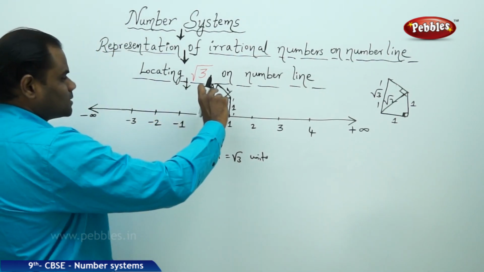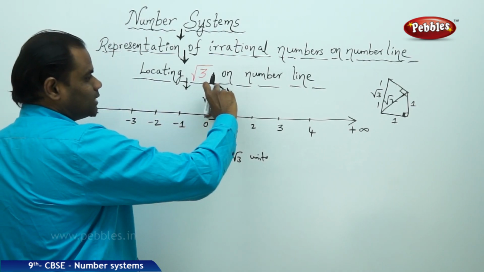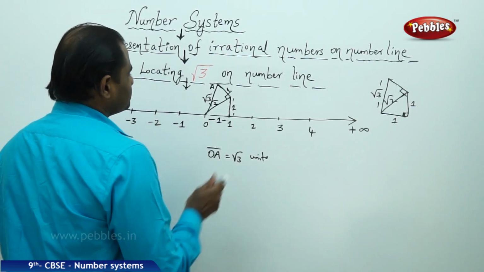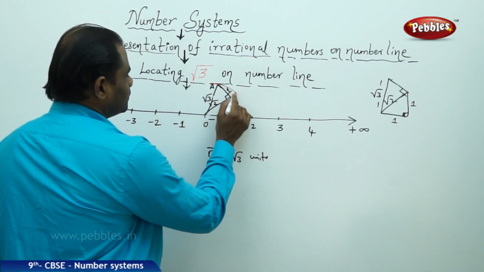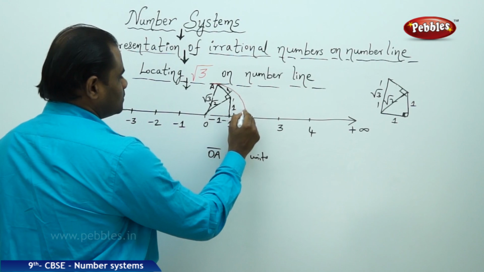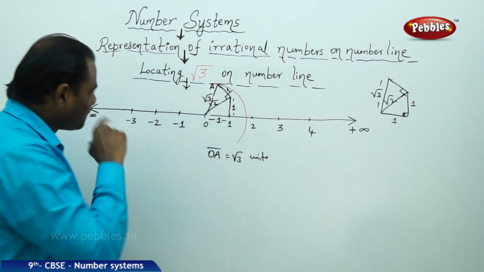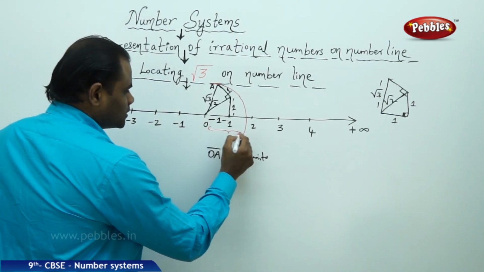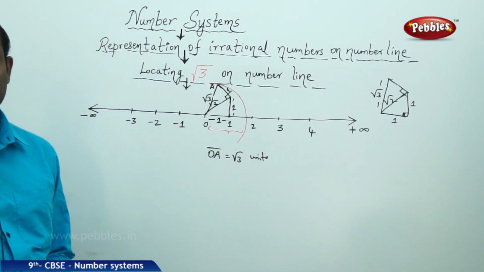I take the compass, put the center at O, and draw an arc from A, which extends out here, and therefore I get the radius root 3, which is also the radius here on the number line.